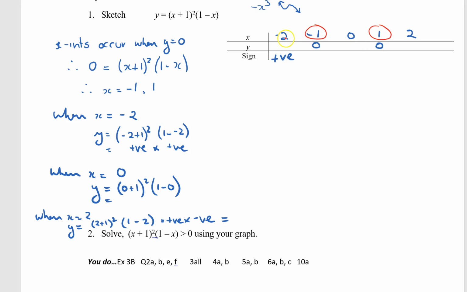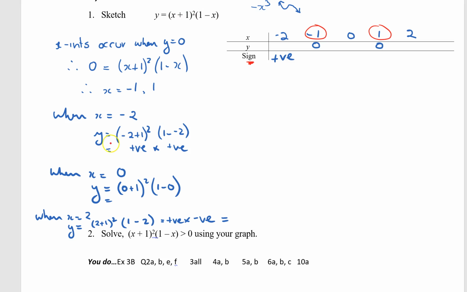So let's have a look at just before that x-intercept, in between those two, and we'll just stick with nice whole numbers, and maybe to the right, and see. We're just interested in the sign of the y value. So you can see here, I've set out when x is minus 2, what would y be?